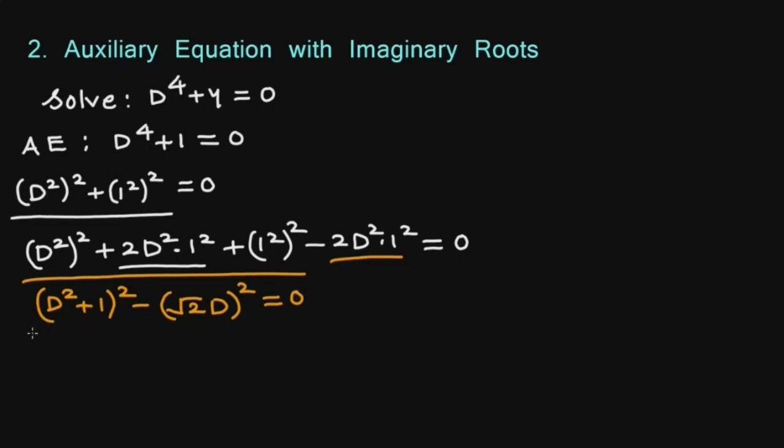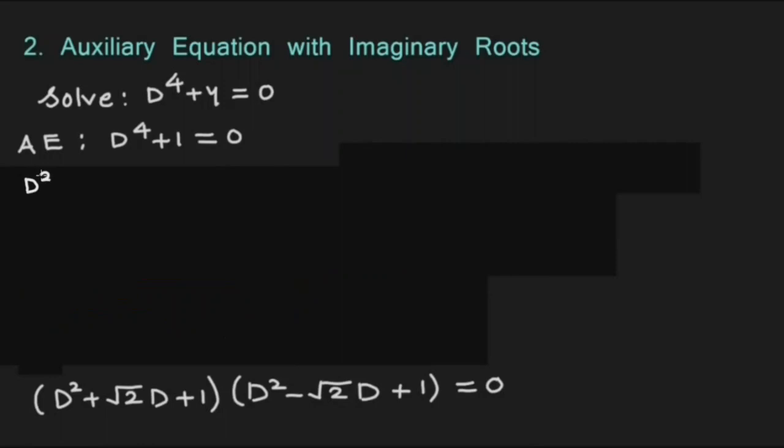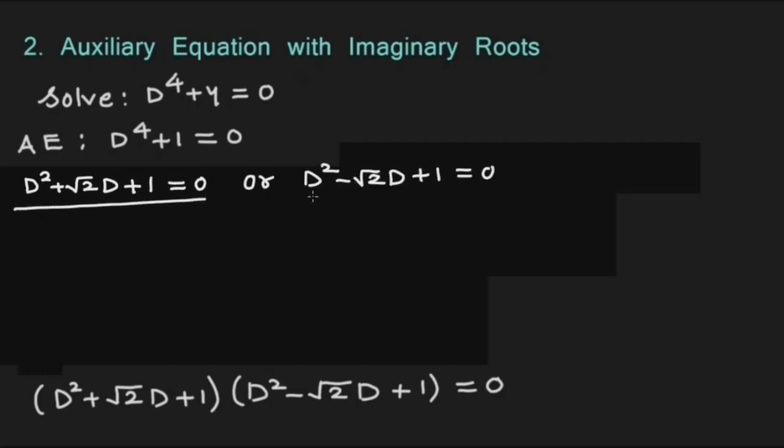This is a difference of two squares, which can be factorized as D square plus 1 plus root 2 D, into D square plus 1 minus root 2 D, equals 0. This will be D square plus root 2 D plus 1 equals 0, or D square minus root 2 D plus 1 equals 0. Now these are quadratic equations in D which we will solve by the quadratic formula.